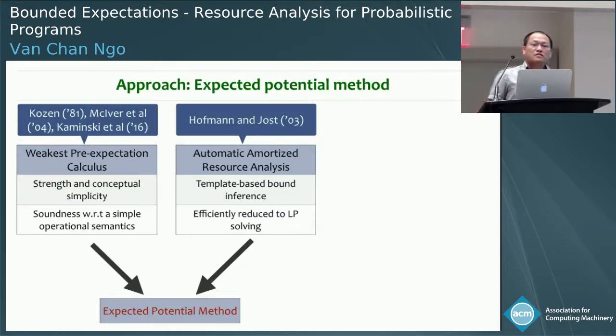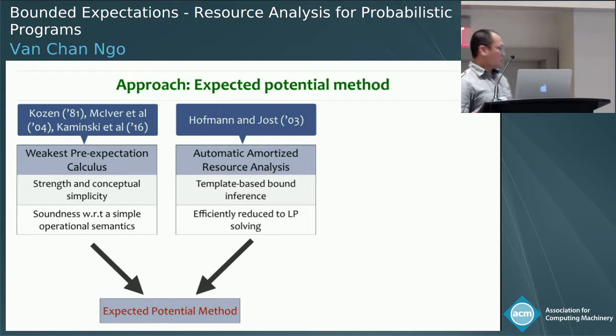So our technique is called the expected potential method. It combines Weakest Precondition expectation calculus, in the style of Dijkstra's weakest preconditions, and automatic amortized resource analysis. Our technique gets the best of both worlds.